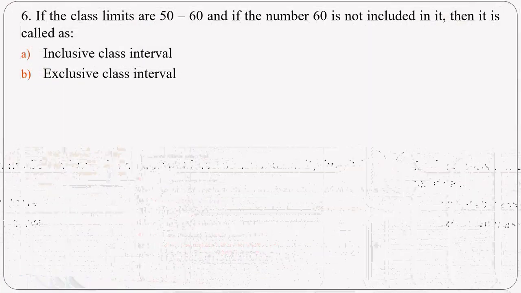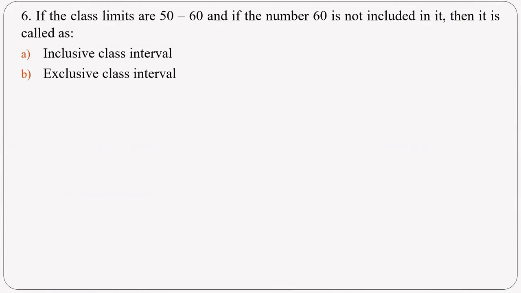Now let's move on to question number 6. If the class limits are 50 to 60 and the number 60 is not included in it, then it is called inclusive class interval or exclusive class interval. Which is the correct answer? It is very simple.